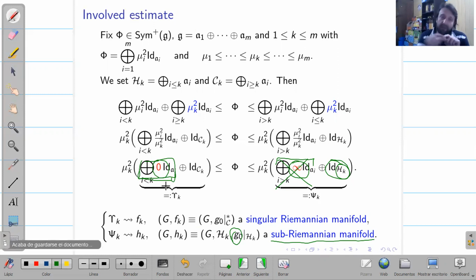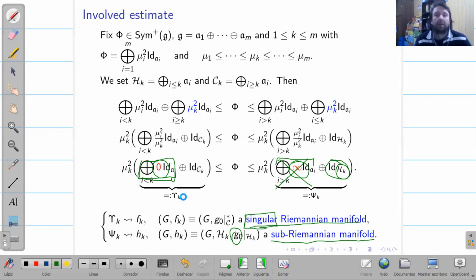So there are some directions that you can go for free in this singular Riemannian manifold. The name singular is because a Riemannian manifold has a non-singular inner product, but here we have a metric which is singular, right? So in this case there are some directions that you go for free, and in the other case there are some directions in which you cannot go. This is the sub-Riemannian side, and this is the singular Riemannian side.